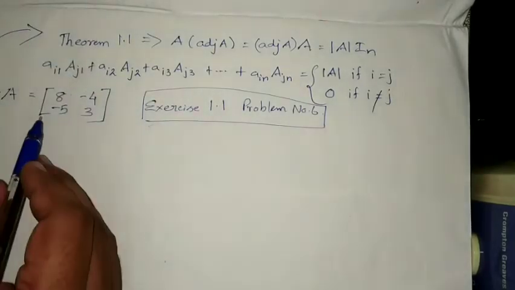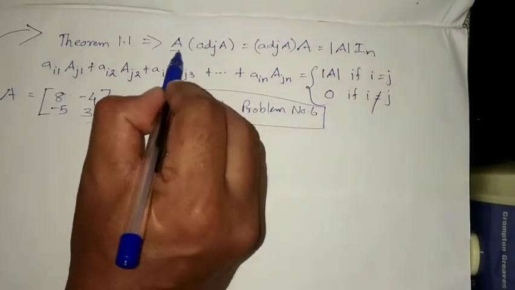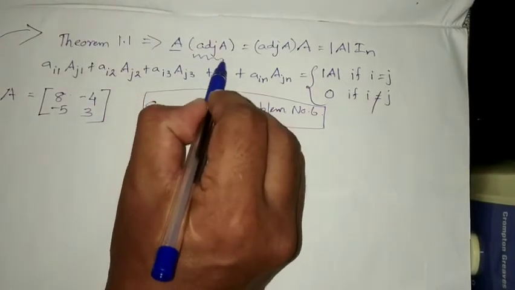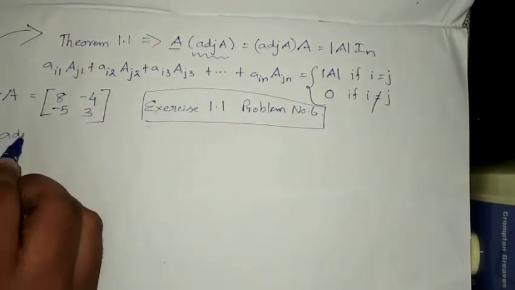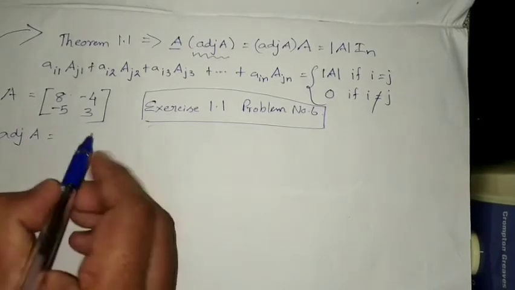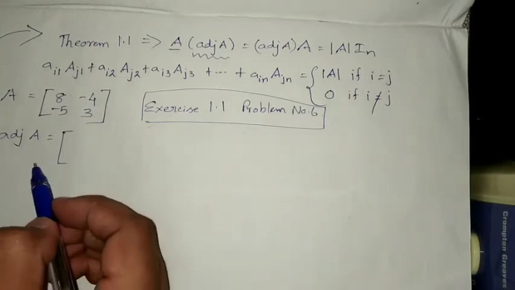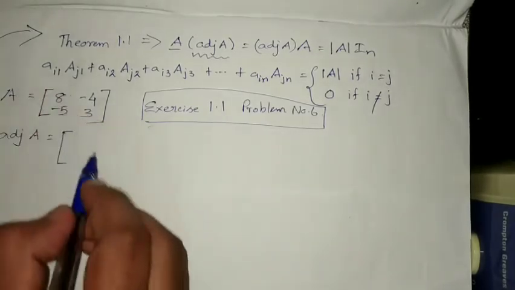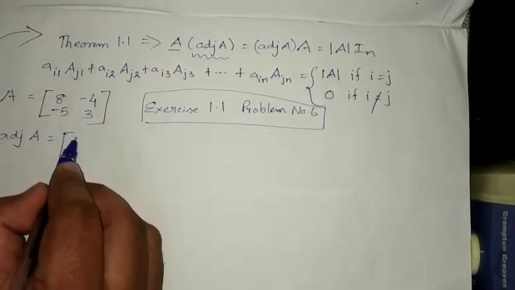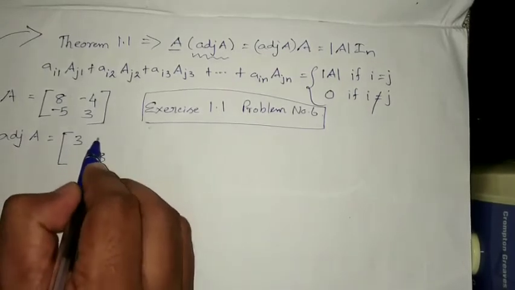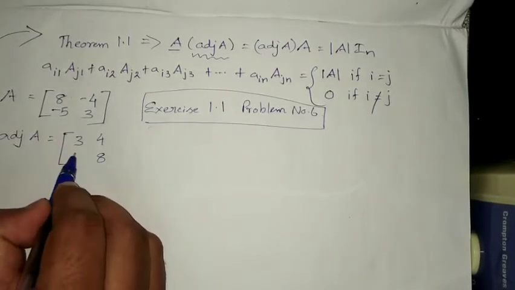Now we have the matrix A. We are going to find the adjoint of A. The simple rule for finding the adjoint of a matrix of order 2 is to interchange the elements in the leading diagonal and change the sign of the remaining elements.